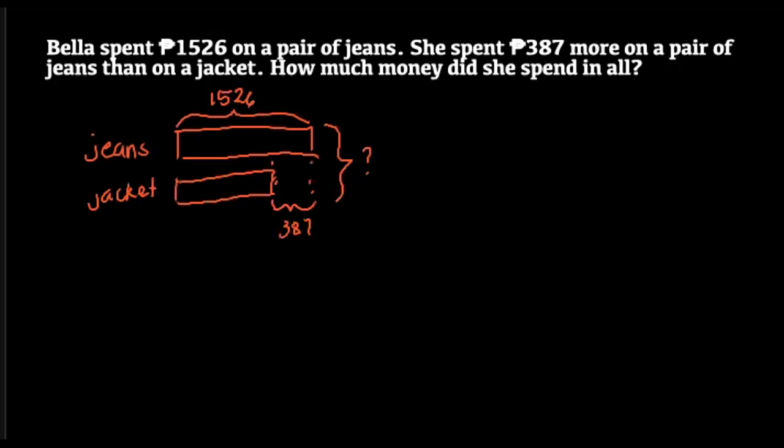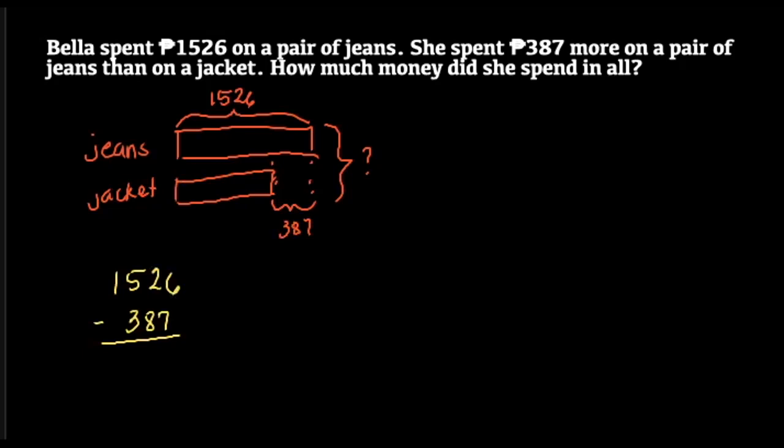And for us to know that, of course, we would have to know how much the jacket is first and then get the total. So this one, I think we would have to subtract first and then add to get the total. So that means 1,526 pesos minus 387 pesos to get the amount of the jacket.